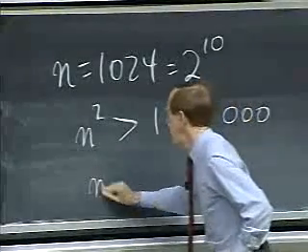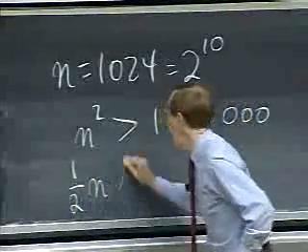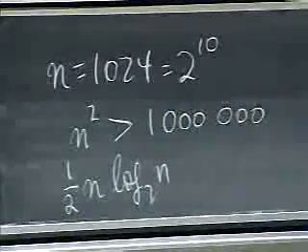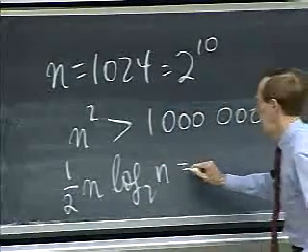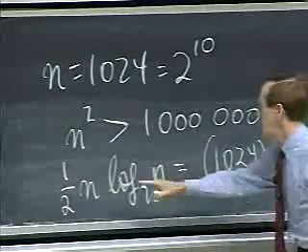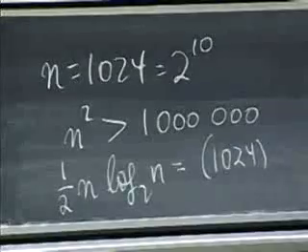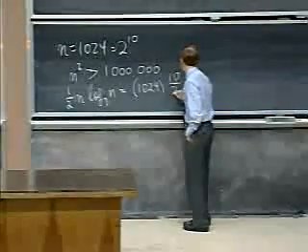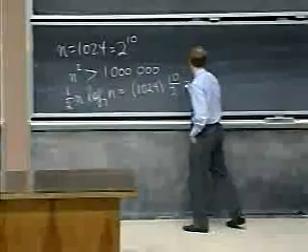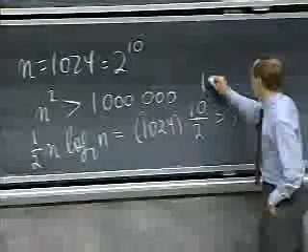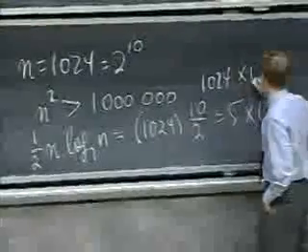But what is the new count done the right way? It's n, the 1,024, times 1/2, and what's the logarithm? It's 10. So times 10 over 2. So it's 5 times 1,024, where this one was 1,024 times 1,024.